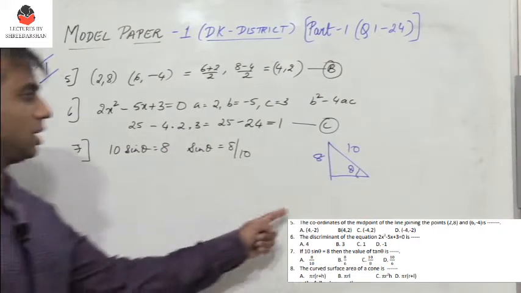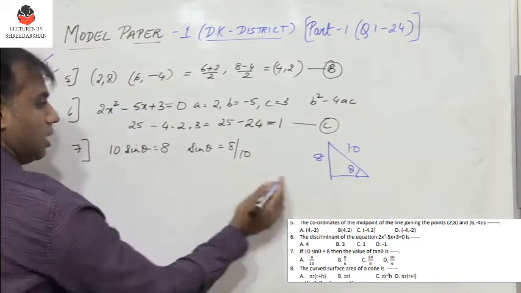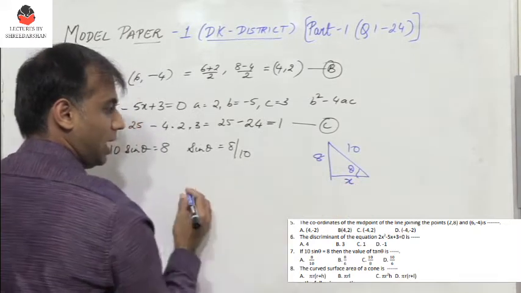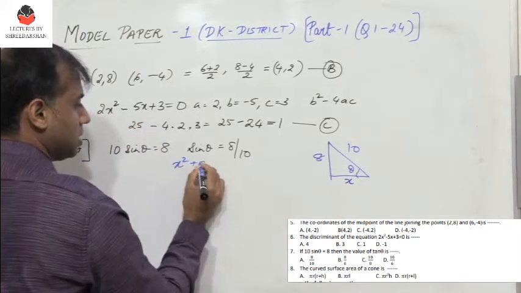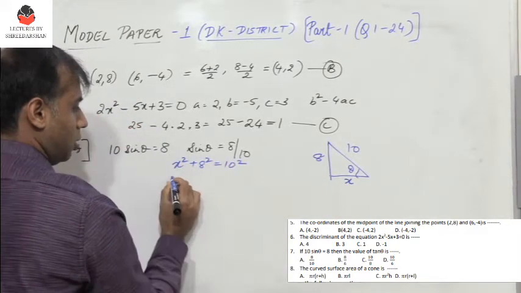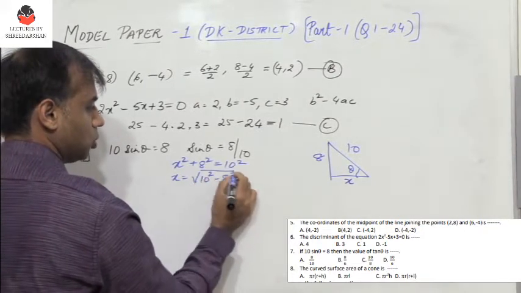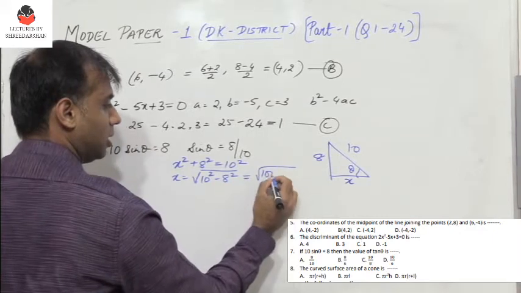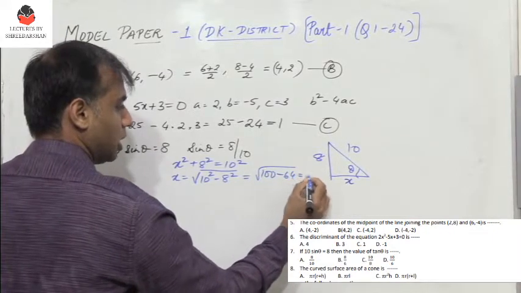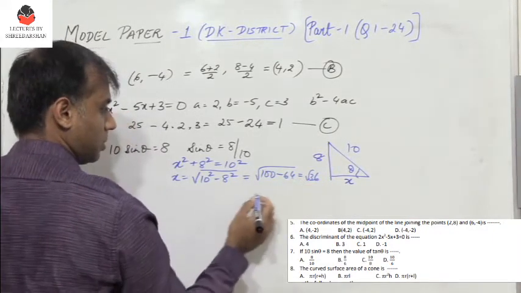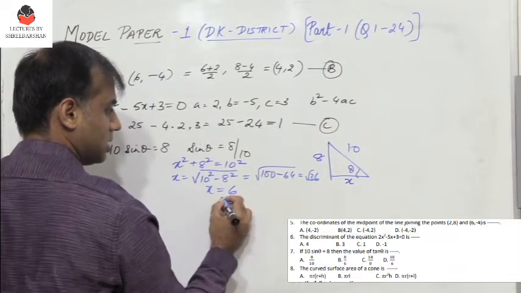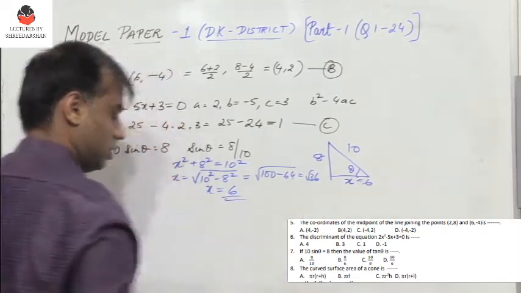This is a right angle triangle, so this side, let it be x. So x square plus 8 square equals 10 square, or x is the root of 10 square minus 8 square, which is root of 100 minus 64. You get root 36. So I get the value of x as 6.